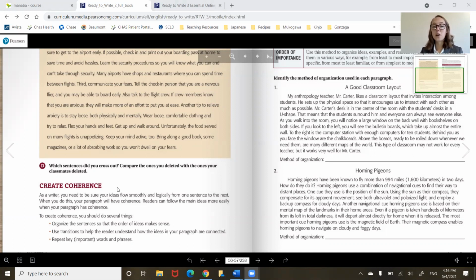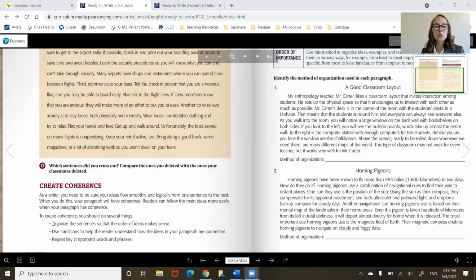So this part of the book is important for you because it will help us practice writing clear sentences for work, for school, for people we need to communicate with in English. So coherence, remember, means your ideas go together smoothly, and it makes it so readers can follow the main ideas more easily.